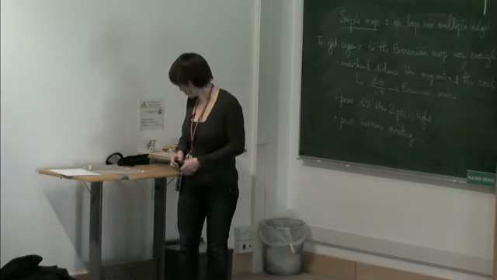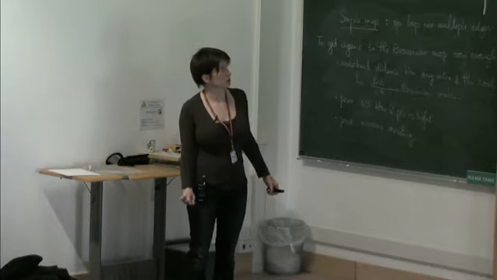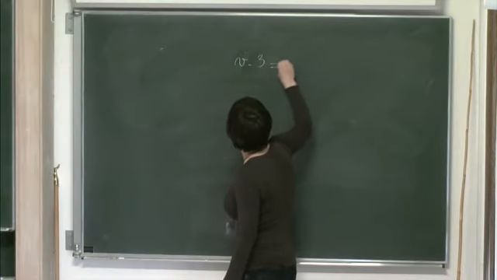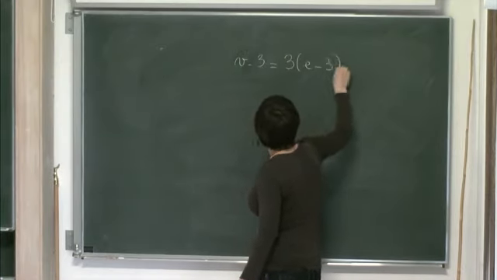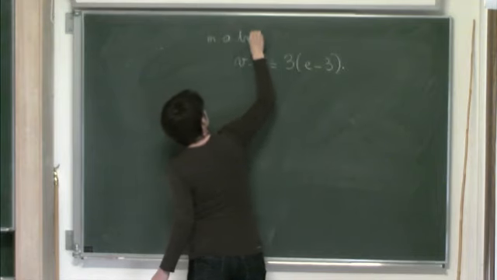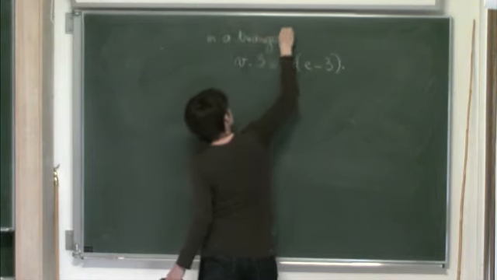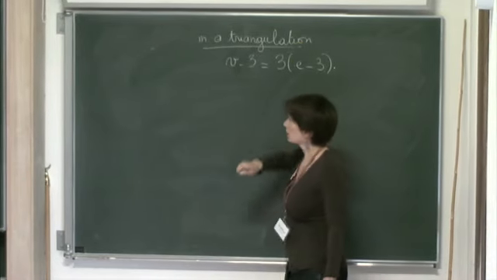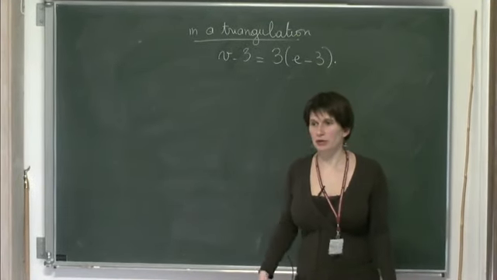First, I'm going to consider orientations for simple triangulations. If I have a triangulation, applying Euler's formula, we can see that the number of vertices minus 3 is equal to 3 times the number of edges minus 3 for a triangulation. Okay, so roughly there are 3 more edges than vertices.